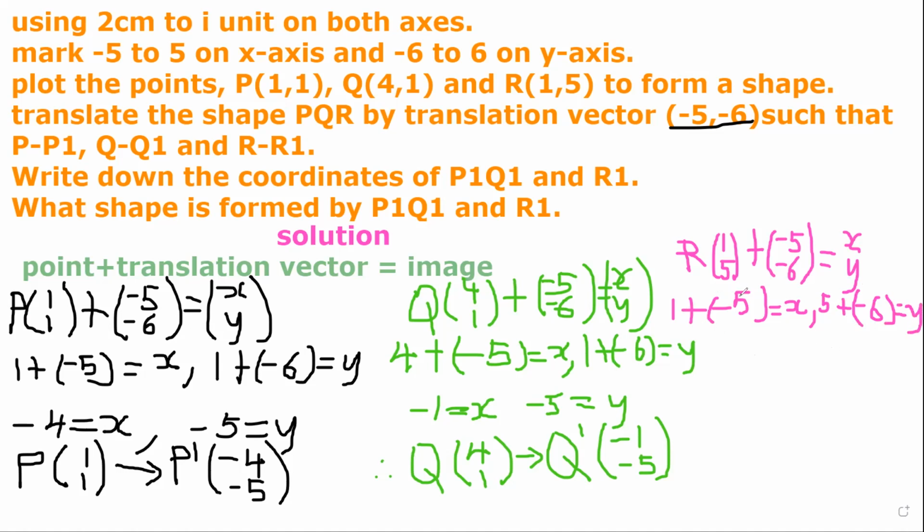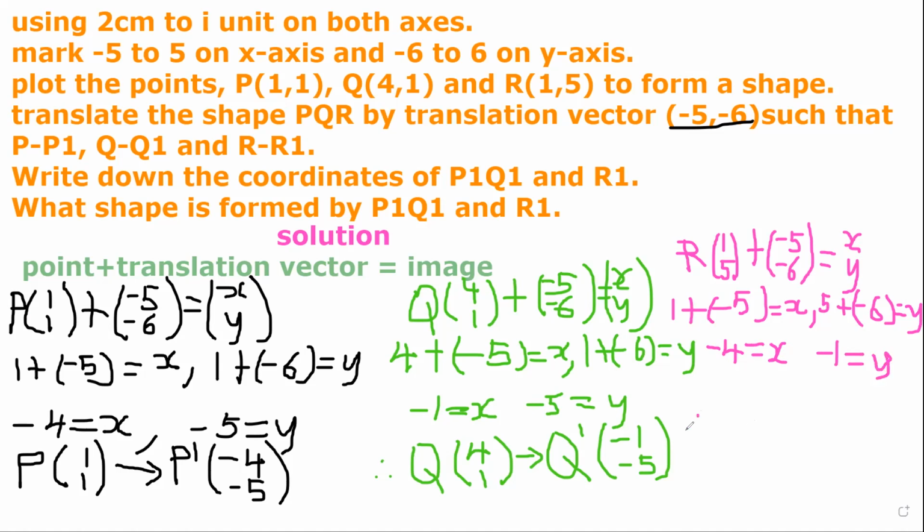Now here, we always use the positive to reduce the negative. So here, our negative will reduce to -4, equal to X. And then the +5 will reduce the -6, and it will leave -1, equal to Y.